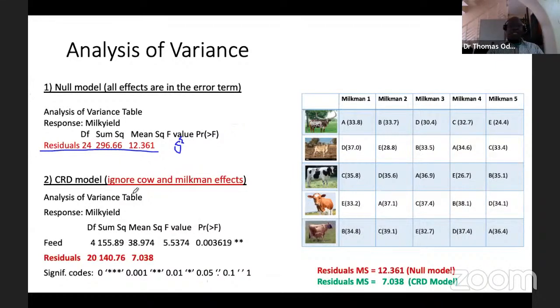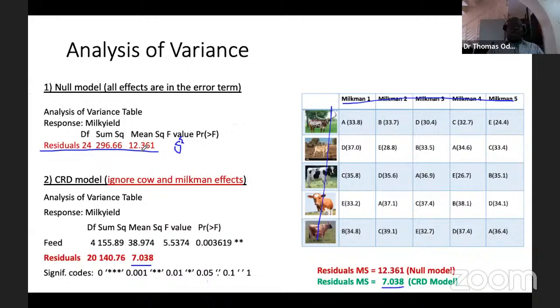That's our noise. If we fit a randomized CRD model, we ignore the effect of the cow and the effect of the milkman. We assume those don't exist. These are all the same. Then we only compare our treatment. So this would be our residual. As we indicated above, when you introduce the treatment effect, we remove part of the variability.